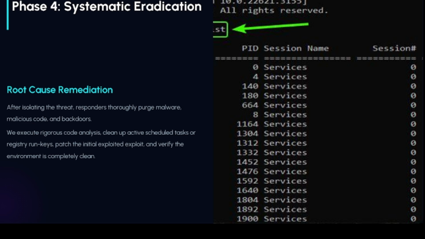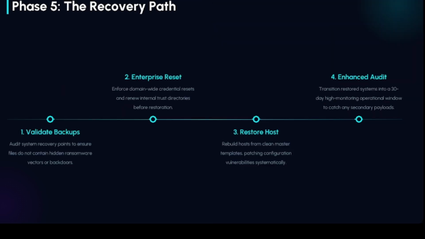That's extremely important as well. And you can use the information gathered here as indicators of compromise to update your EDR, update your SIEM, update your SOC analysts so they know what they're looking for if it pops up again.